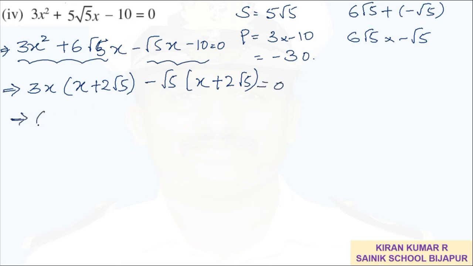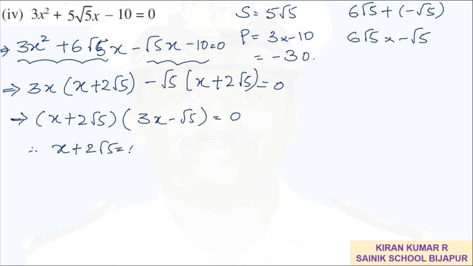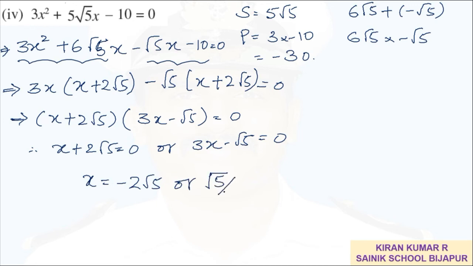Now take x plus 2 root 5 as common. You'll be left with 3x minus root 5 equal to 0. Therefore, x plus 2 root 5 is 0, or 3x minus root 5 equal to 0. The roots are negative 2 root 5 or positive root 5 by 3.